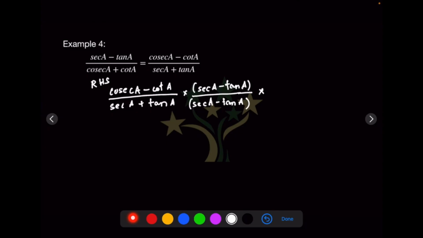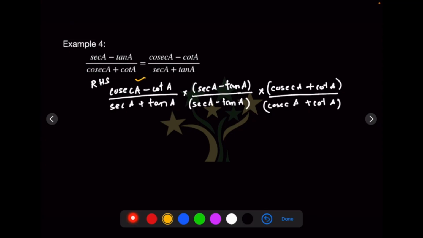Further, multiply the numerator and the denominator with cosecA plus cotA divided by cosecA plus cotA. So what do we have?